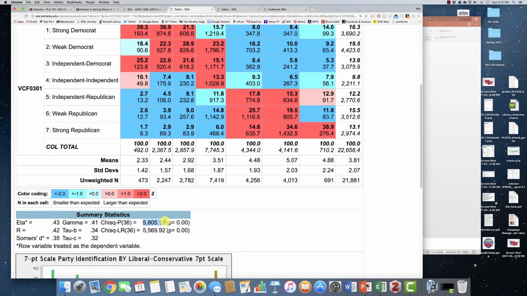You can look at that table, you can get the critical value, but I'm just going to tell you that a chi-square test statistic of 5,805.19 is larger than any critical value in the back of the book, even with 36 degrees of freedom. It literally just doesn't matter. So this is a significant result, and in fact we have a p-value here, so the p-value is lower than 0.00, and that's obviously a significant finding.